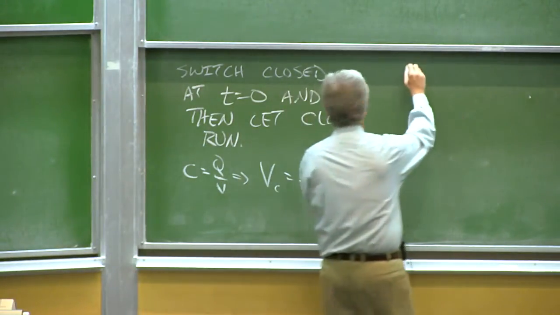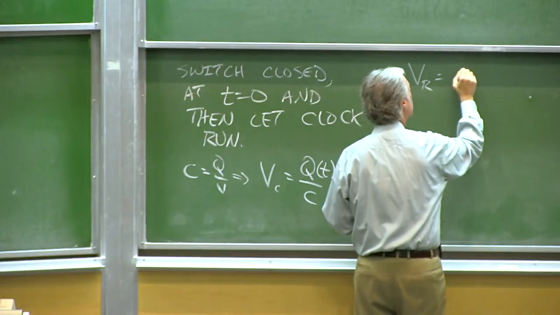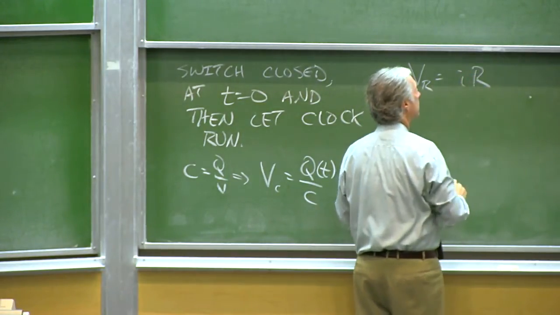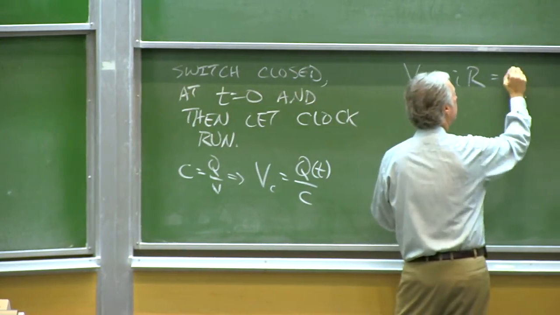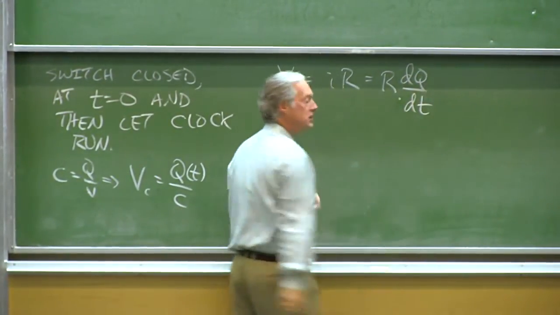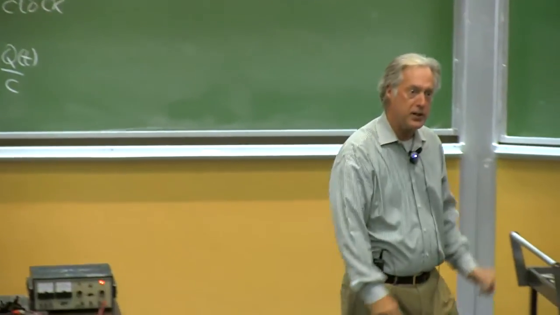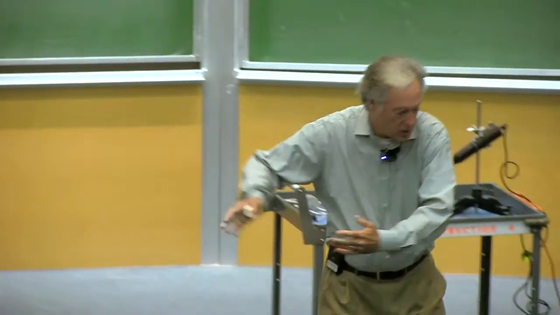The voltage on the resistor is going to be I times R. That's equal to R dq/dt. And that is the same Q we're talking about as on the capacitor.